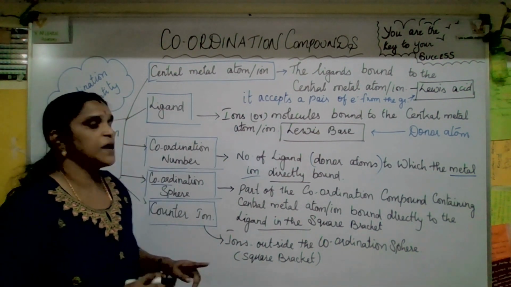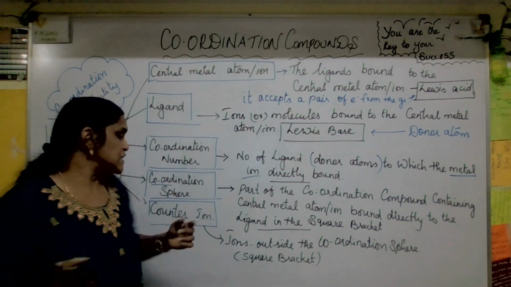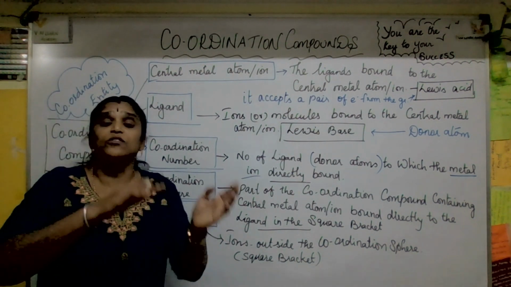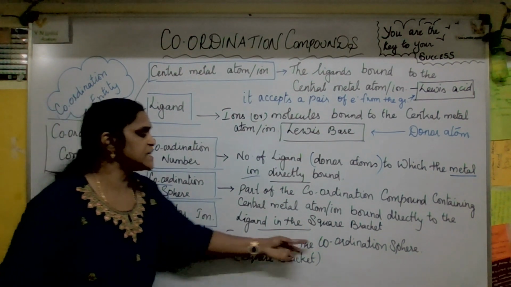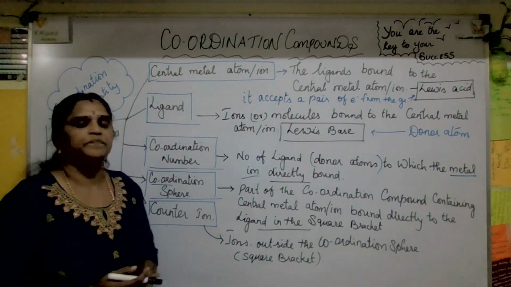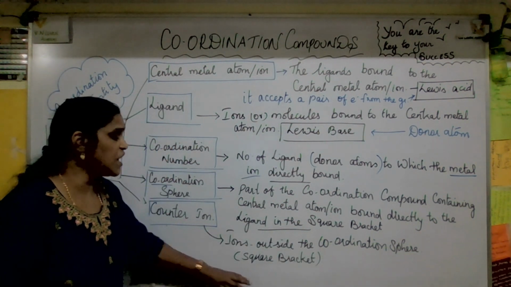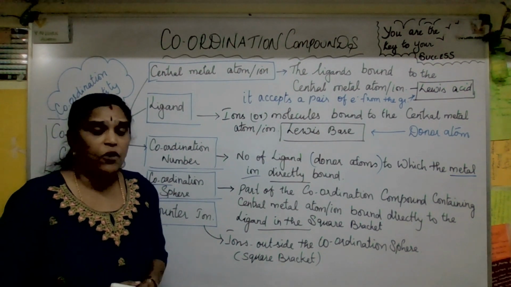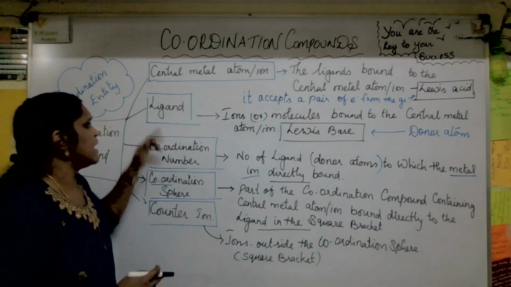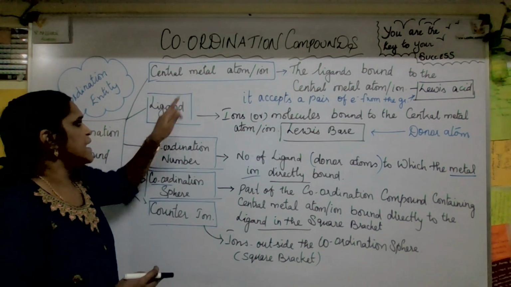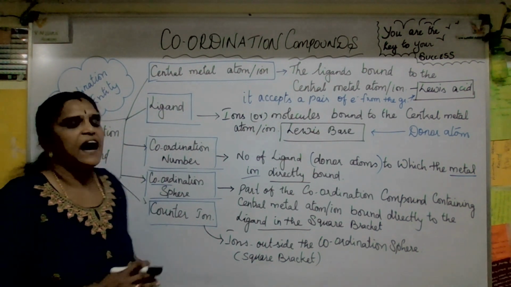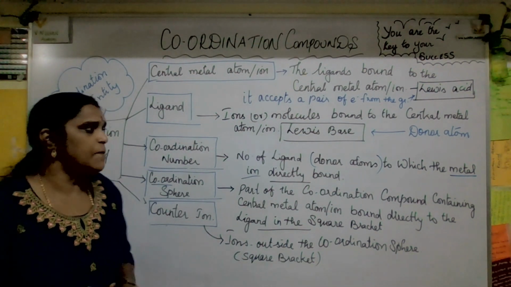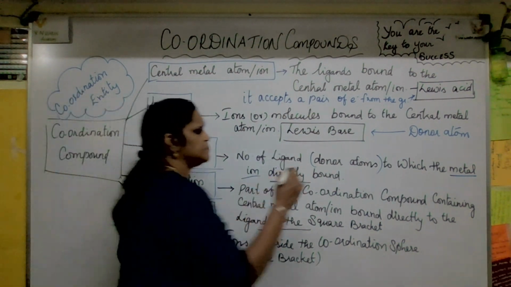Then the last one, outside the square bracket, the counter ion. The ion outside the coordination sphere is called the counter ion. I hope you got a clear idea: central metal ion or atom, ligand, coordination number, coordination sphere, and counter ion. All these combined together, I'll give one example.